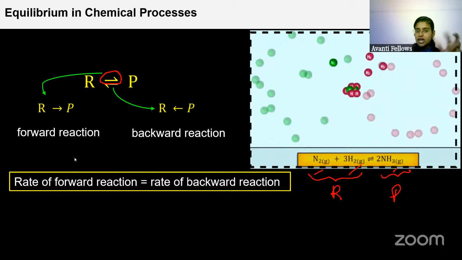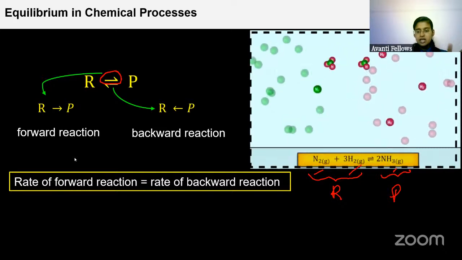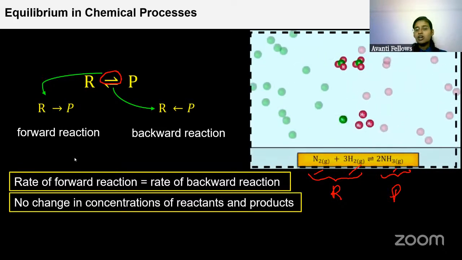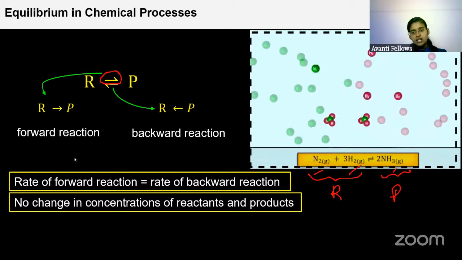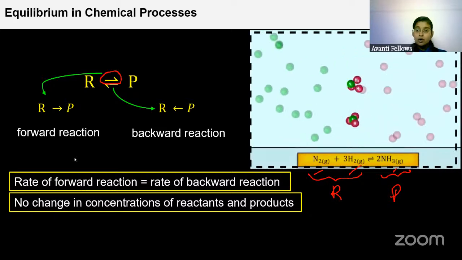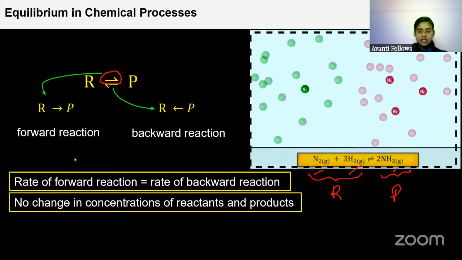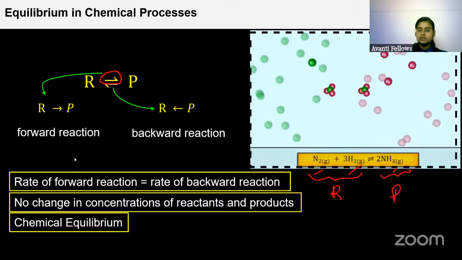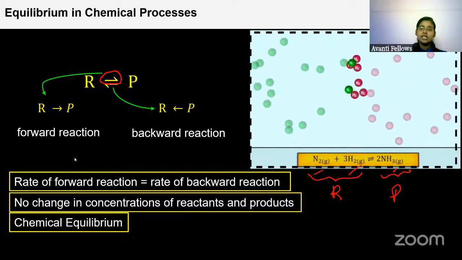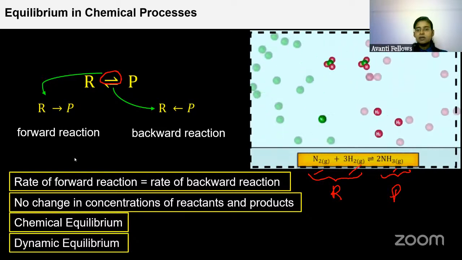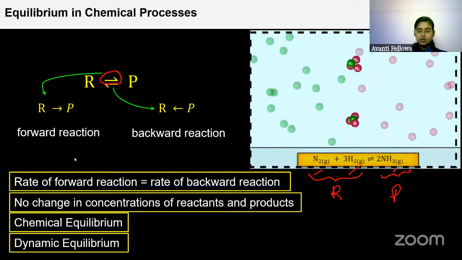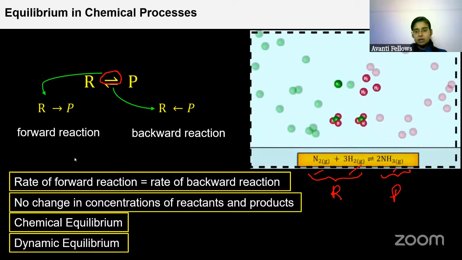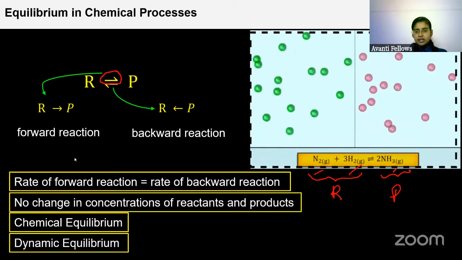If the rates are equal, there is no change in the concentration. The concentrations of reactant and product remain constant, and they are said to be in chemical equilibrium with each other. Chemical equilibrium is also dynamic in nature.